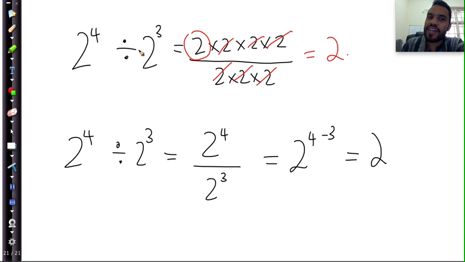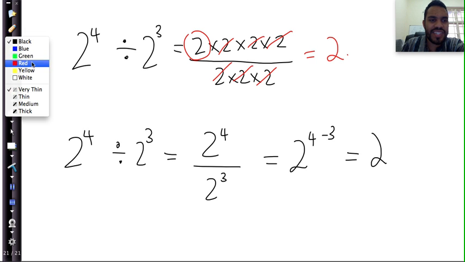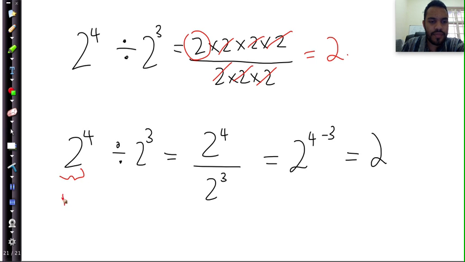Now, as you can see over here, I used the full expanded notation, while at the bottom over here, I only used the exponent law. I saw that the bases were the same base. There's my base, and over there's my base. Right, the base was the same, and if the base is the same and I'm dividing things, then all I can do is simply subtract the exponents.